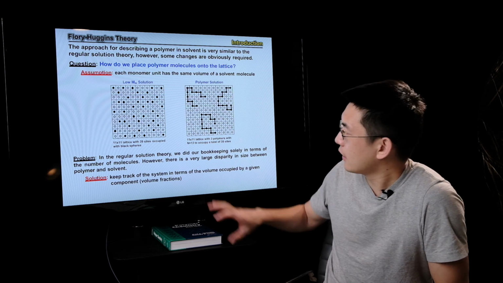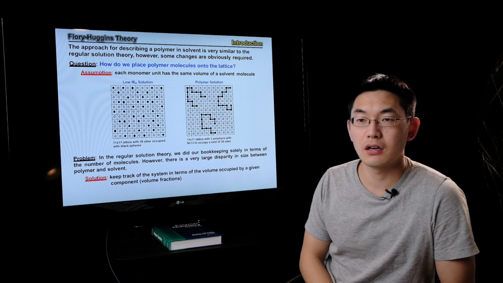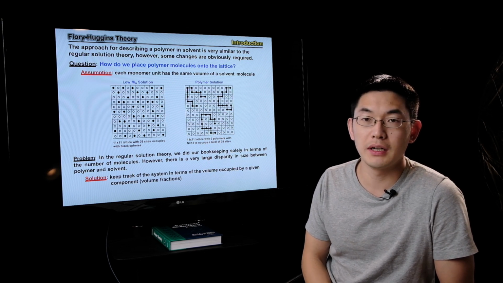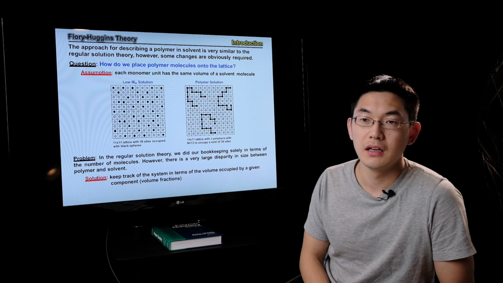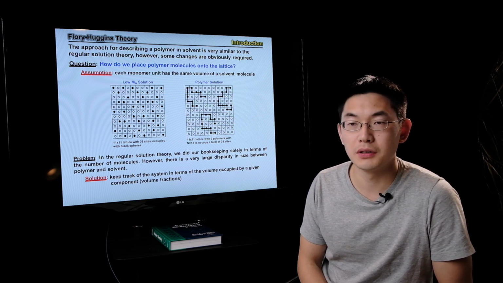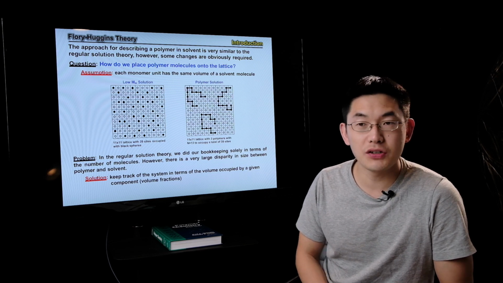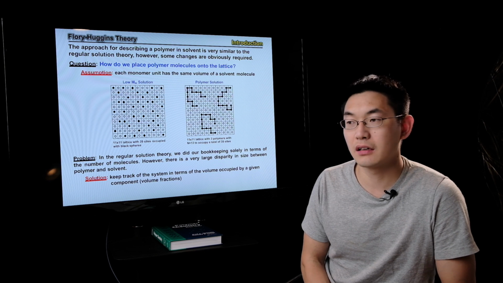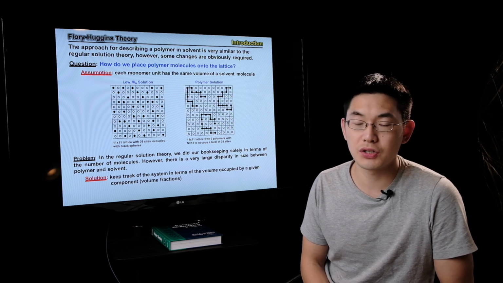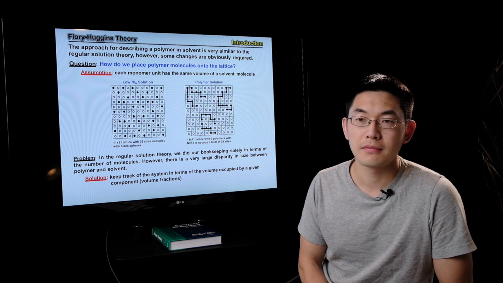Here on the screen, we had a chance in the last lecture to talk about the Flory-Huggins theory, and how polymers differ from small solvents. One of the major differences is that polymers are connected, so a polymer has a much larger volume compared to solvents.